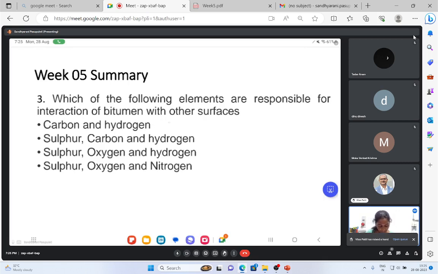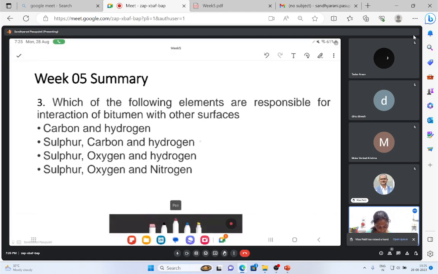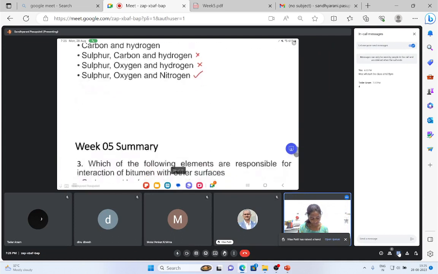So here carbon and hydrogen are not heteroatoms. Sulfur, carbon, hydrogen, we know carbon and hydrogen are not, so option B is also not. Here sulfur, oxygen and hydrogen, as hydrogen is present, this is not. Yes, sulfur, oxygen, nitrogen is the correct one.